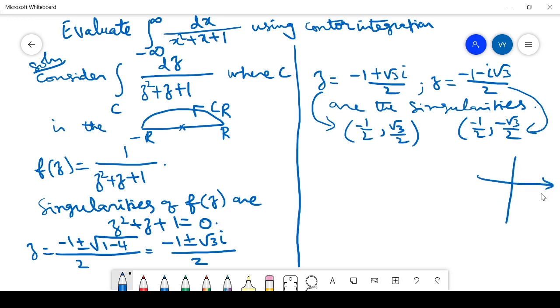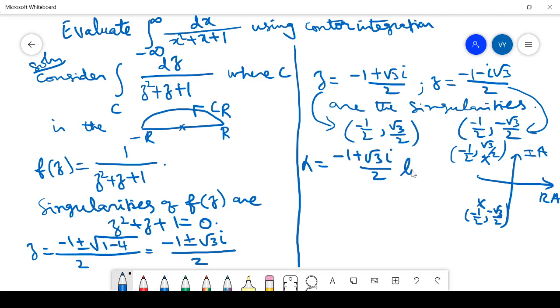When you take the real axis and the imaginary axis, minus 1 by 2 comma root 3 by 2 will be in the upper part of the plane, and minus 1 by 2 comma minus root 3 by 2 lies in the lower part. So if I assume alpha is equal to minus 1 plus i root 3 by 2, it lies inside C.